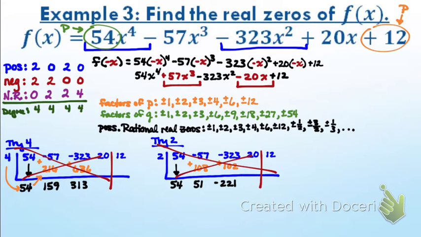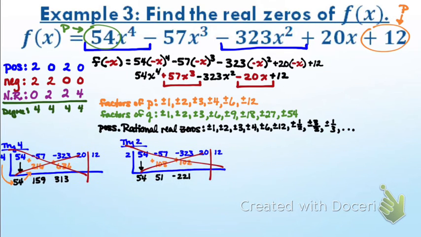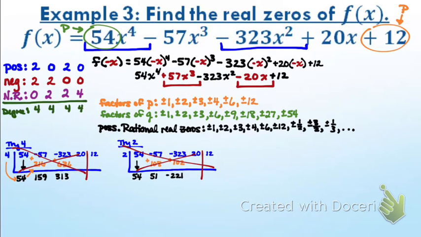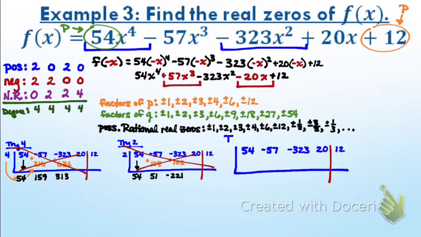3. All right. Let's try 3. Bring 54 down. 54 times 3. 162.